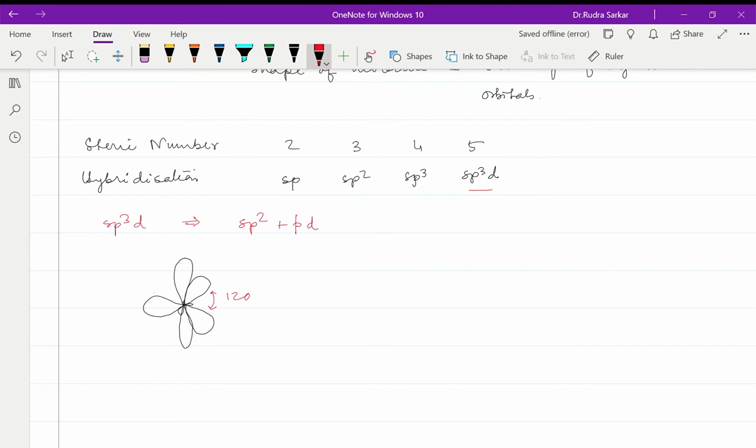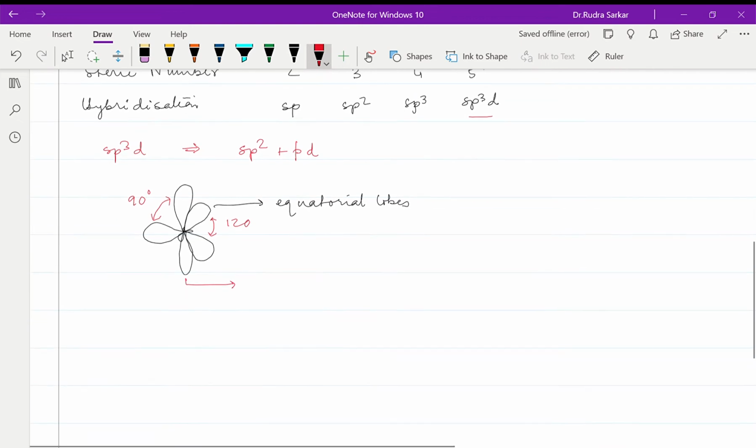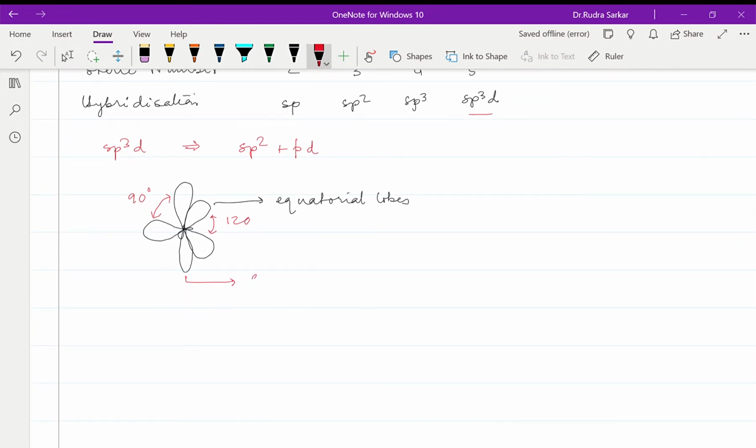And this one will be having an angle of 90 degrees with the sp2 lobes. So these lobes which are having an angle of 120 among them are called your equatorial lobes. These ones which are lying along the z-axis will be called your axial lobes.